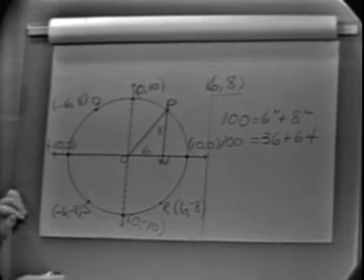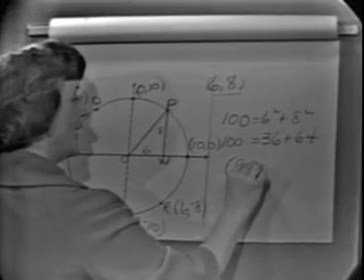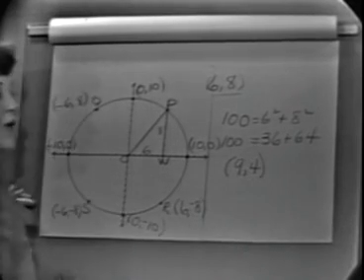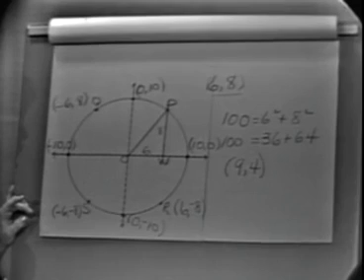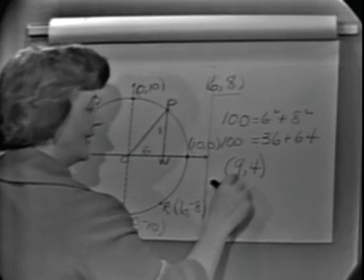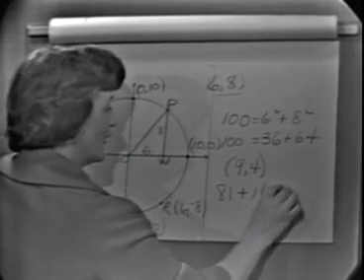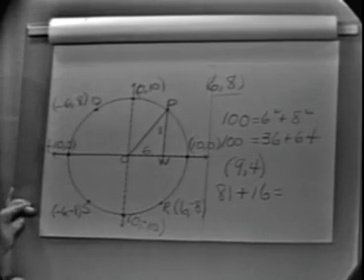We could also ask if the point 9, 4 is a coordinate of a point on the circle. If it is, then 81, 9 squared, plus 16, 4 squared, must equal 10 squared, or 100.